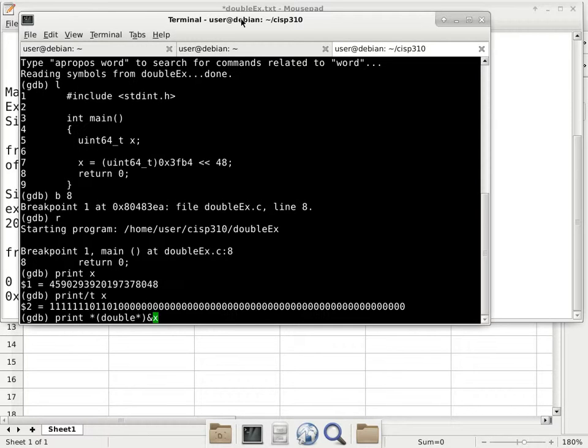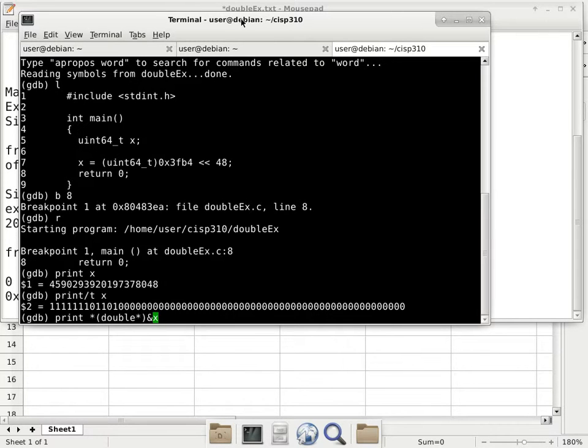At this point, it becomes the address of a double precision floating point number. What do I do next? I dereference. So the type of what I'm dereferencing is no longer that of an integer. It is now a double precision floating point number.